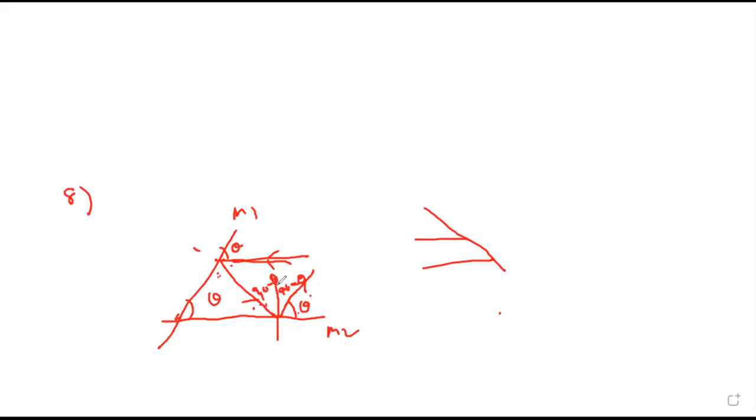Incident and reflected are both 90 minus theta, so this has to be theta, correct? By geometry, in the triangle, 3 theta will be 180 degrees. That means theta is 60 degrees. This is the answer.